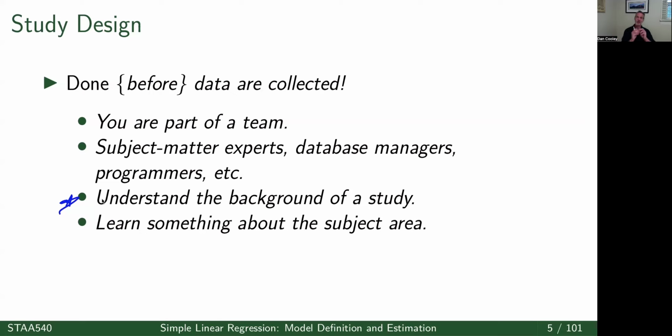Or is that going to be people going out into the forest with tape measures and looking at how thick the trees are? Is this going to be some measurement from a satellite? So anyway, study design is done before the data are collected, and usually takes a lot of time, and you've got to bring a lot of people in and learn to speak each other's language.